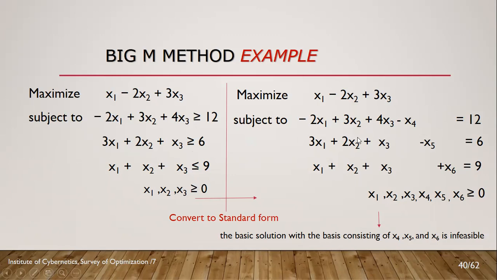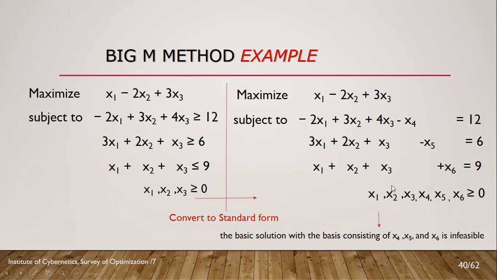Here the maximization of the objective function stays the same. For constraint 1, we have -2 times x1 plus 3 times x2 plus 4 times x3 minus x4 equals 12. Here we subtracted an excess variable, x4, newly introduced. Then 3 times x1 plus 2 times x2 plus x3 minus x5 equals 4.